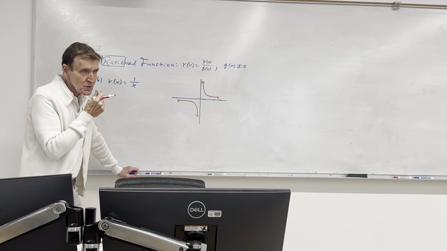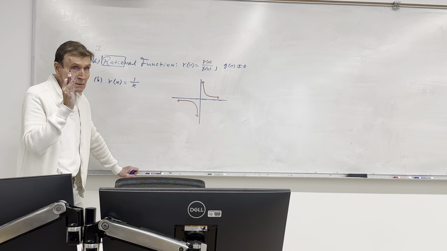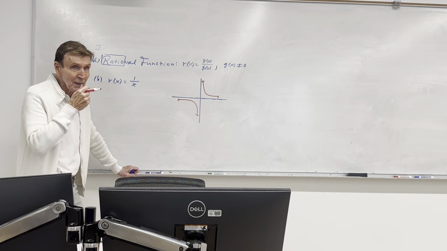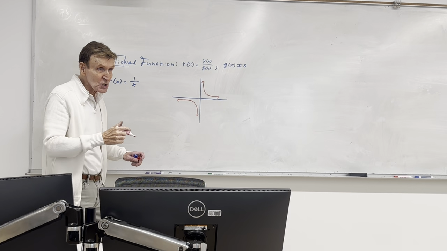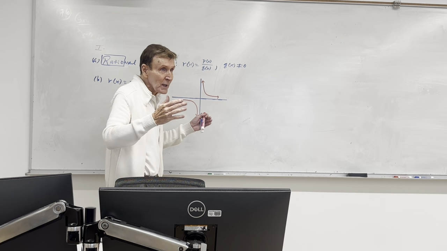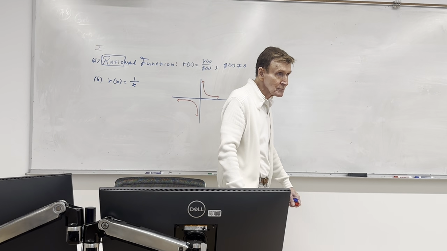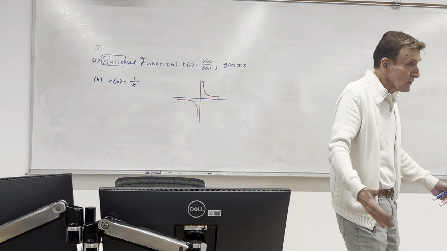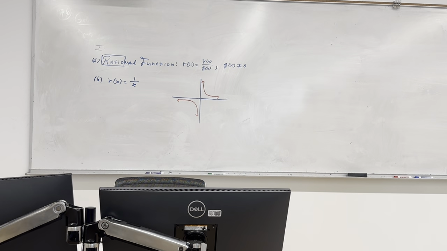Now suppose you go to UCLA or USC, and they ask you to graph 1 over x, and in your mind you've forgotten its shape. What could you do as a clever student to quickly get the sketch? What is one method you could use? Let's say you've forgotten the shape and you want the graph. What would you do?